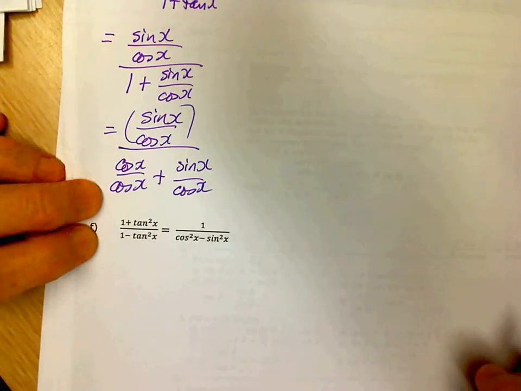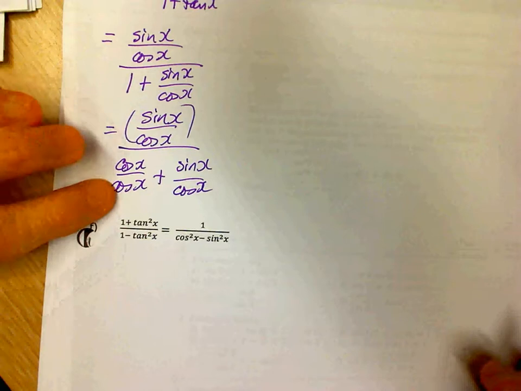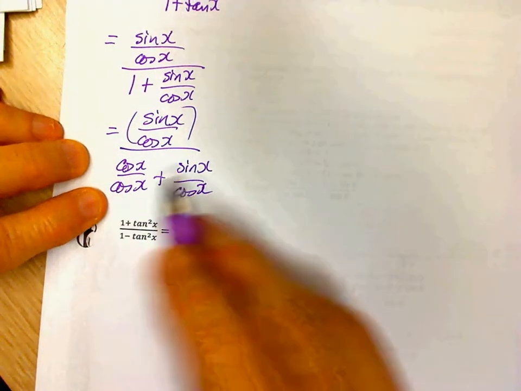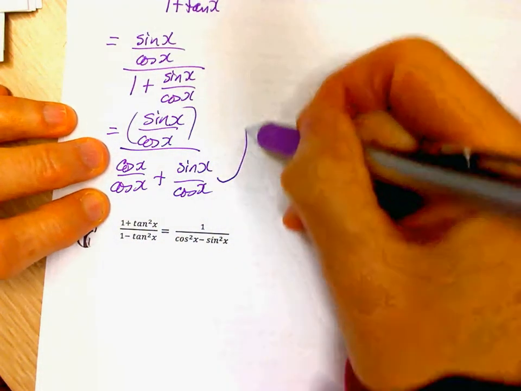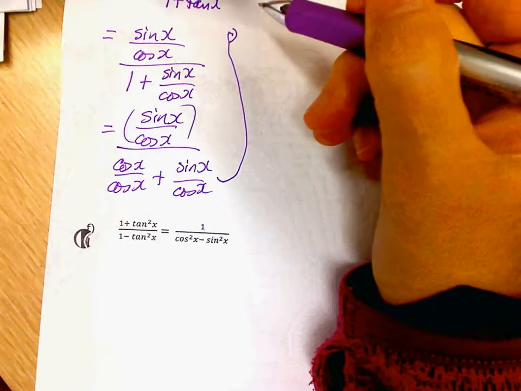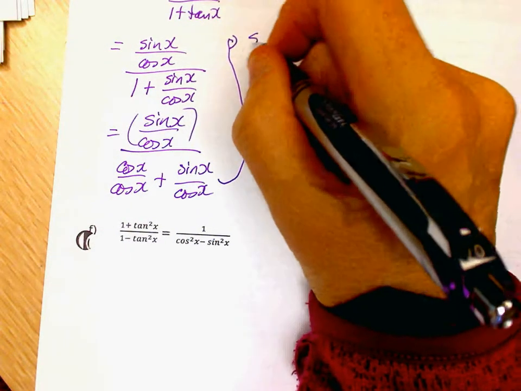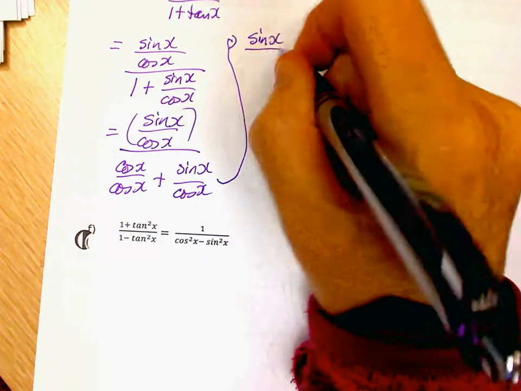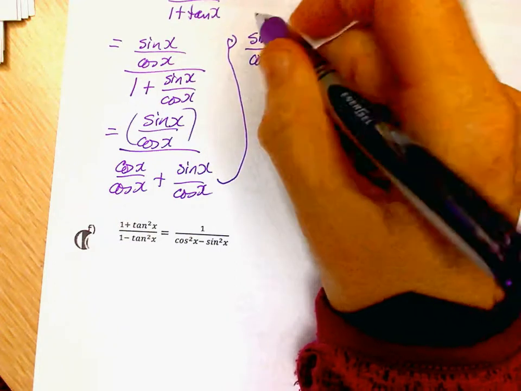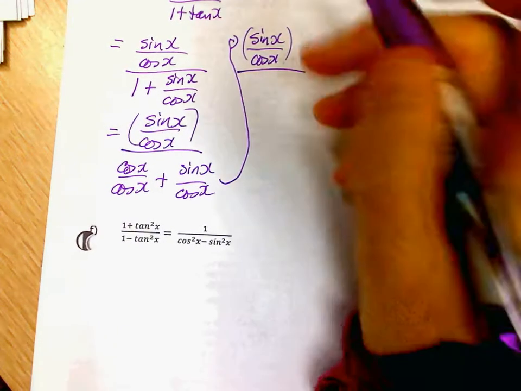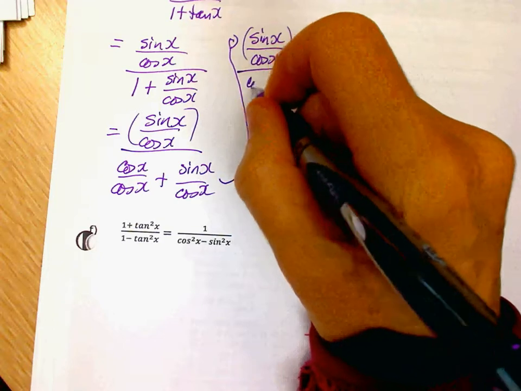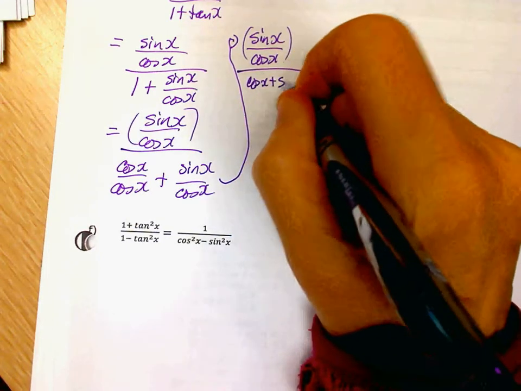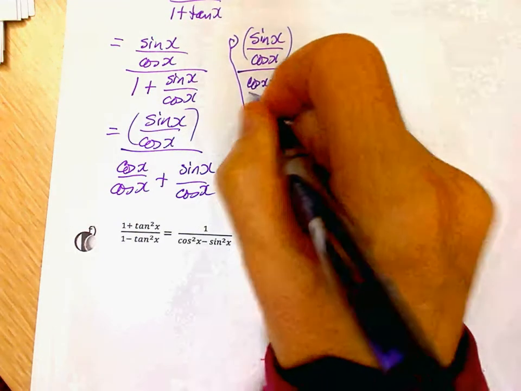Now I have a common denominator. So this is going to be sine x over cos x, what was on the top before, all over cos x plus sine x all over cos x.